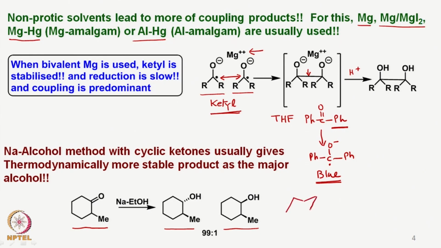So as we can imagine the conformation, if we have the hydroxy group like this, the methyl will go up like this, and this is the trans product. On the other hand, if we take the cis product, then we can see that we will have the hydroxy group and the methyl group oriented in this fashion. So, obviously thermodynamically this is more stable.